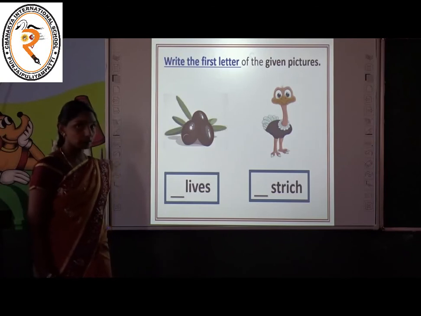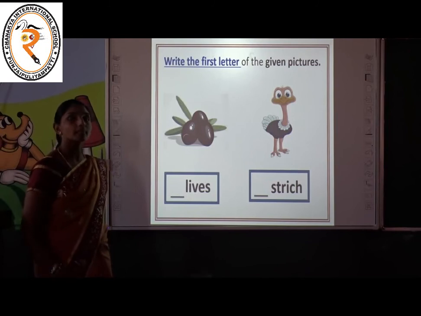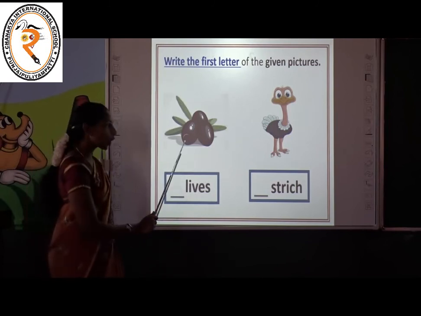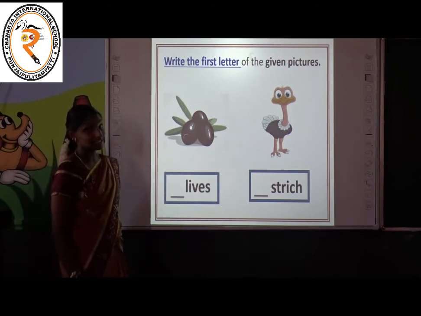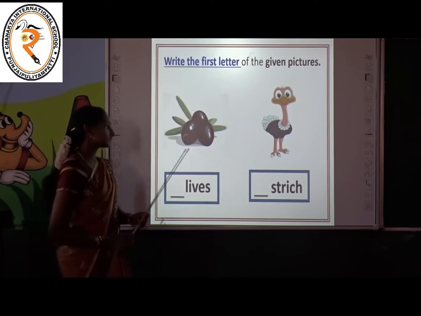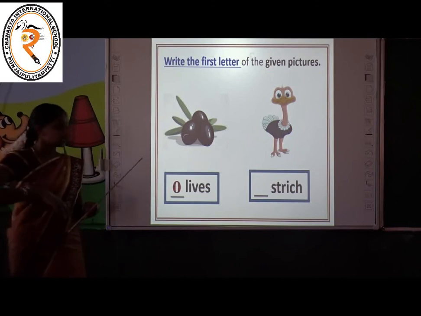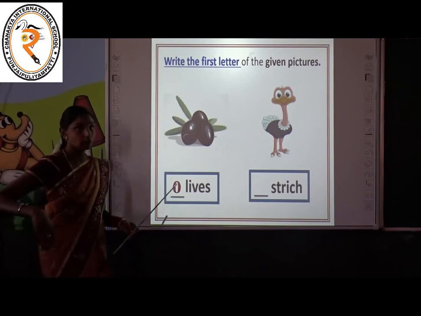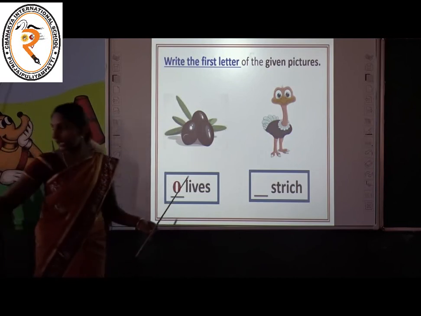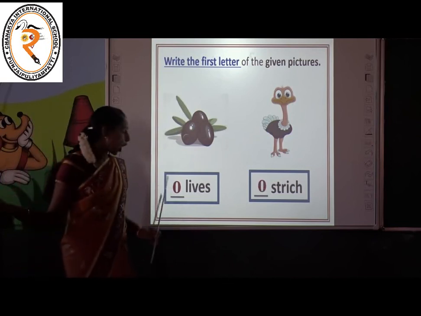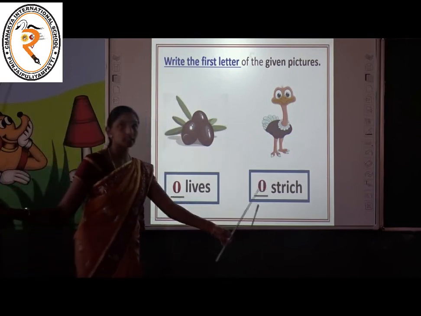Which letter gives the sound O? Yes, you are correct. Very good, children. The letter O gives the sound O.